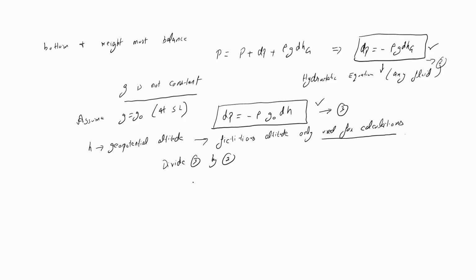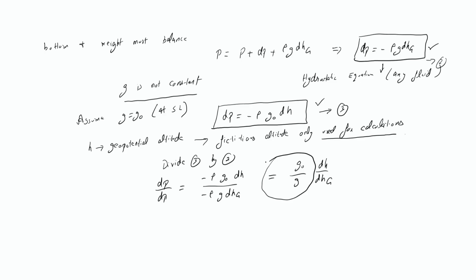So we'll get dP upon dP, minus rho G naught dH by minus rho G dHg. So G naught by G, dH by dHg. Okay. So now, does this sound similar?